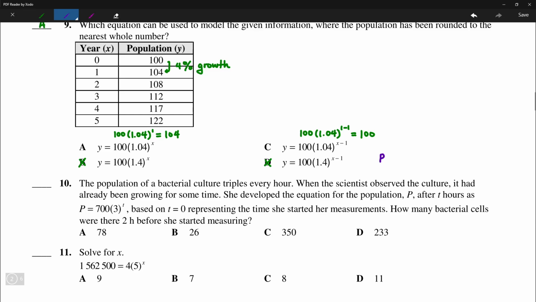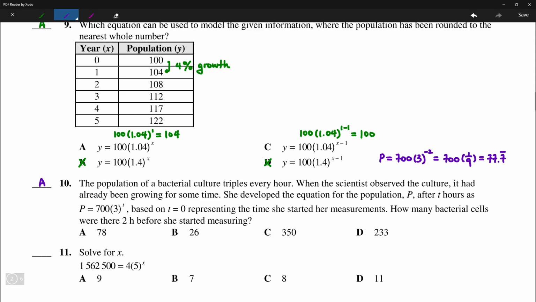We have P is equal to 700, and then 3 to the negative 2 power, 2 hours before t equals 0. So of course that will be 700 times just 1 over 9. And that will give us 77.7 repeated, which rounds up to 78, which means the answer is A.